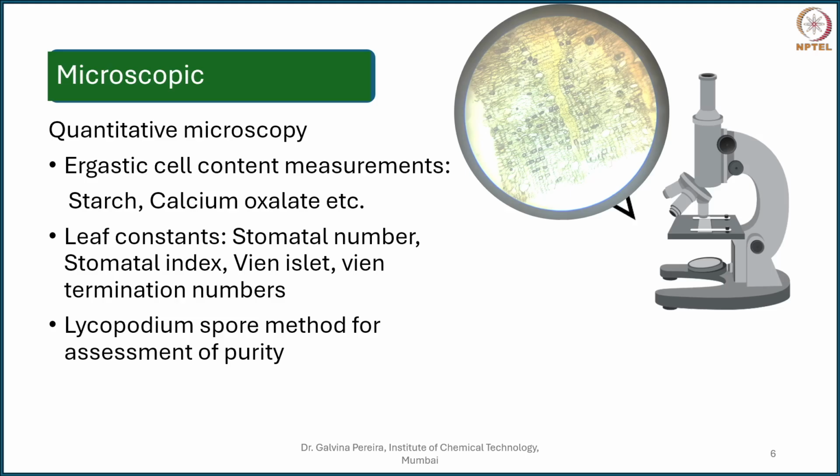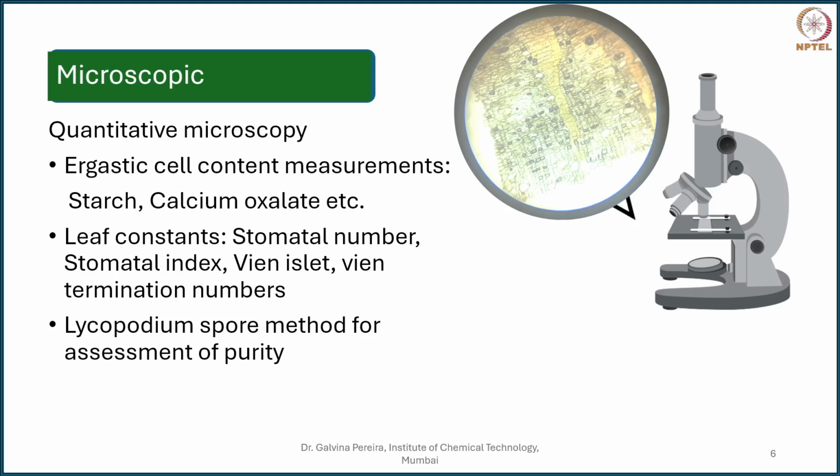I can do what are called leaf constants. There are certain values which remain constant for a particular plant species. This value includes stomatal number, that is the number of stomata per millimeter square of a given leaf on a particular epidermis. Now understand, because stomata are variable.